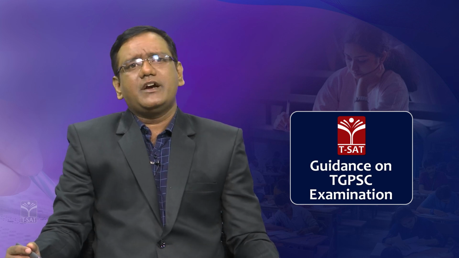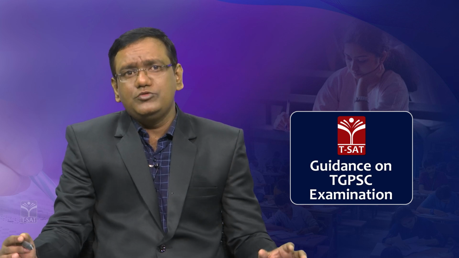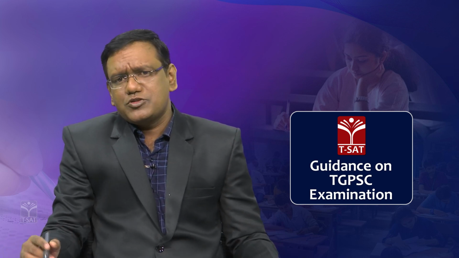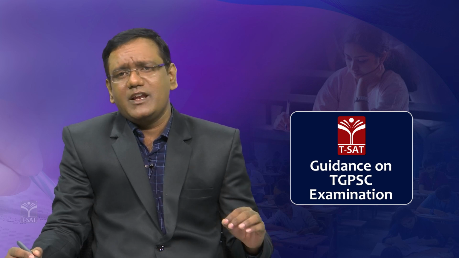So why do we have two-stage or three-stage launch vehicles? As we were talking about the velocity that is required to escape the influence of the Earth, we need 11.3 kilometers per second.